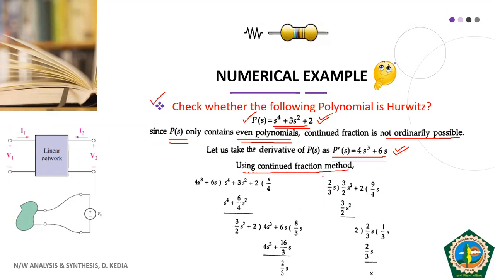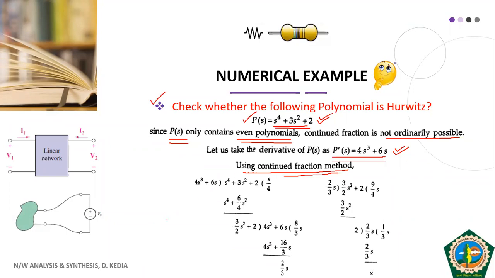So now we apply the continued fraction method. What is the method? If you have in your polynomial either the even terms or the odd terms, in that case we have one polynomial only. The second polynomial required for your continued fraction method will be obtained by the derivative of the given polynomial. I hope this is clear.